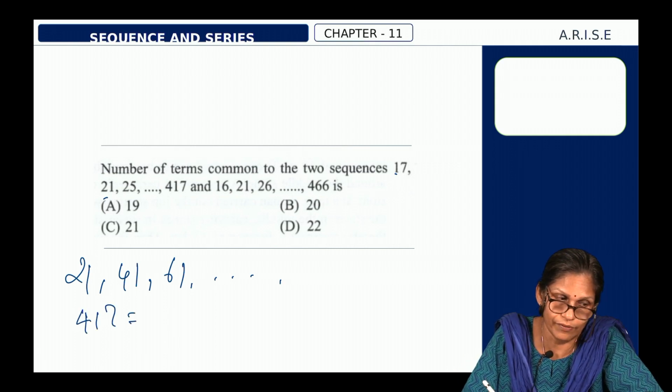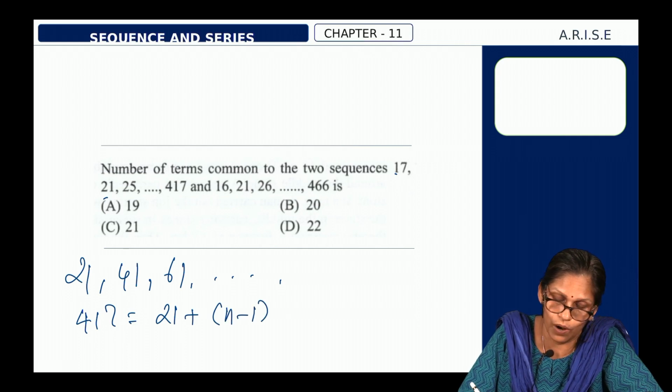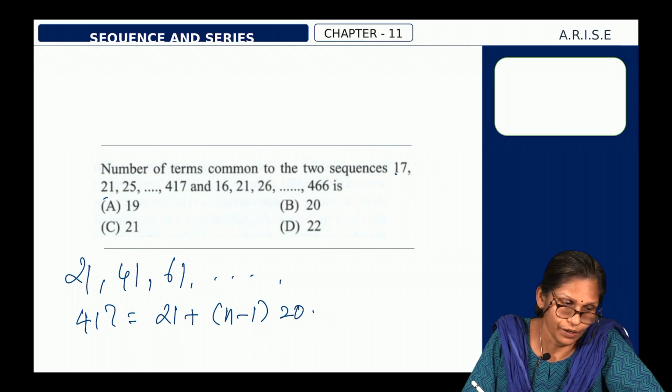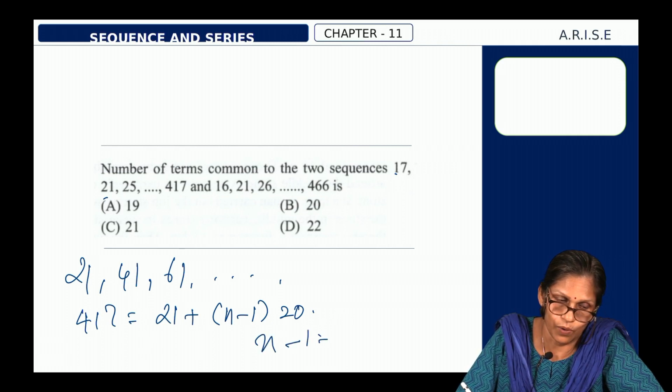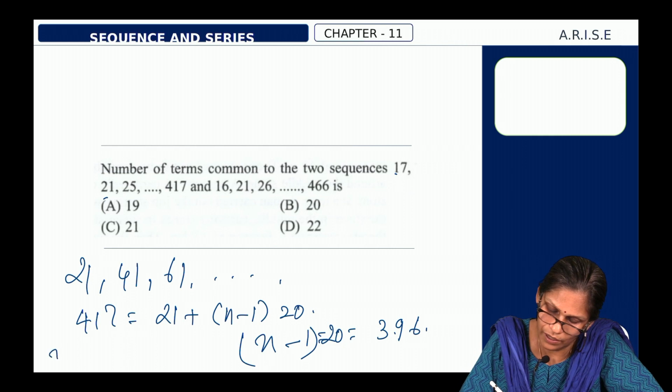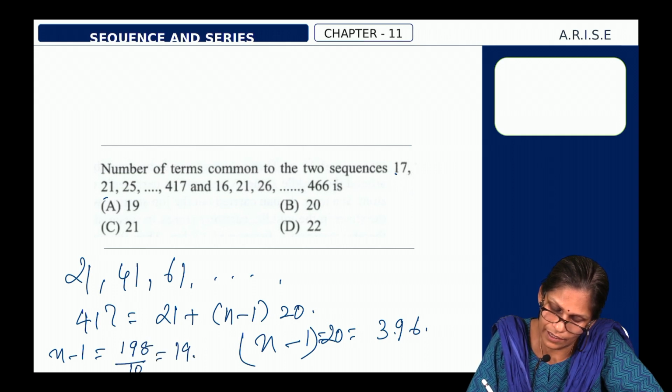You have 417 is 21 plus n minus 1 into 20, in which case n minus 1 is 396 by 20, that is 198 divided by 10, that is 19.8.